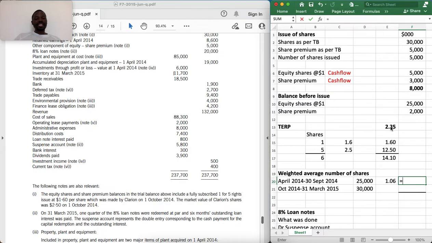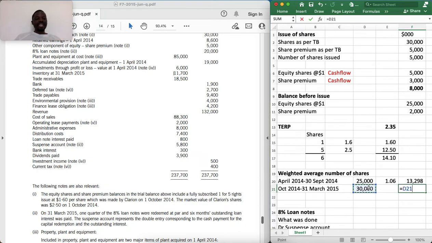So now we'll simply say how many months? That's April, May, June, July, August, September. That's 6 months. So we'll say 25 multiplied by the bonus fraction multiplied by 6 divided by 12. Then the 30,000, it's October, November, December, January, February, March, another 6 months.